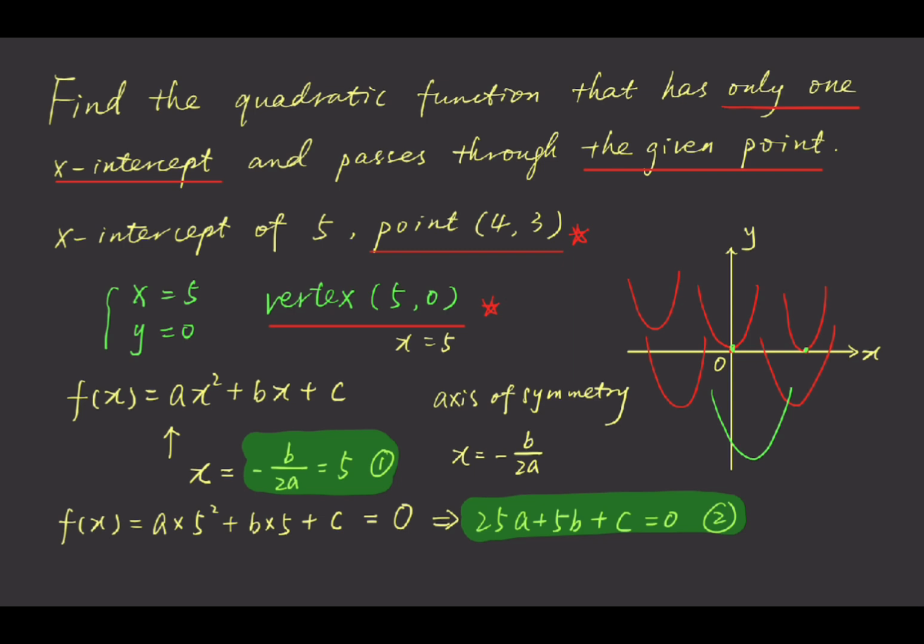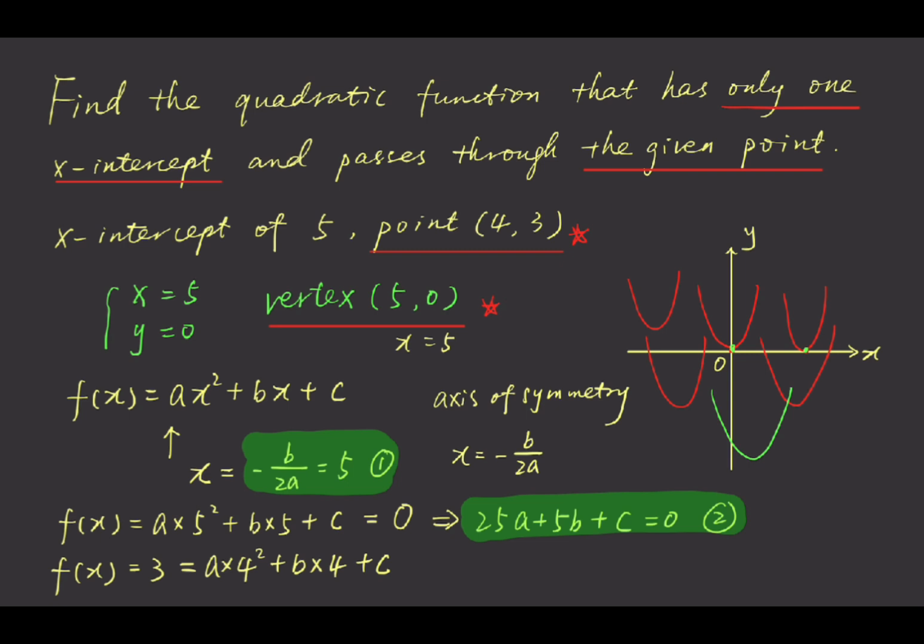Additionally, this point is on the function's graph, so x equals 4, y equals 3. We just plug these values into the equation: 3 equals a times 4 squared plus b times 4 plus c.